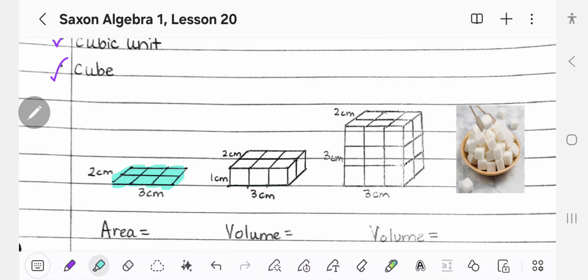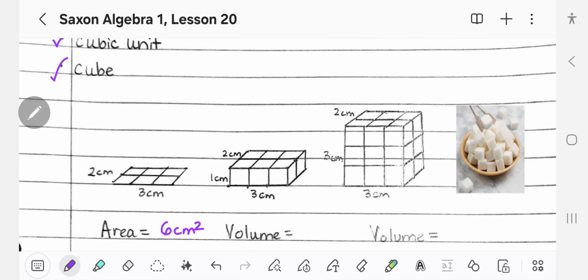The area of it would be 2 times 3, which is 6, and centimeter times centimeter, which is square centimeters. And you can verify that. If this whole side is 2 centimeters, then this is 1 centimeter by 1 centimeter. So this little thing here is 1 square centimeter. And we can see we have 1, 2, 3, 4, 5, 6 of them. So the area of that flat piece of graph paper is 6 square centimeters.